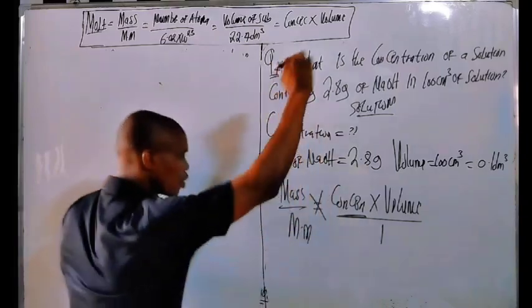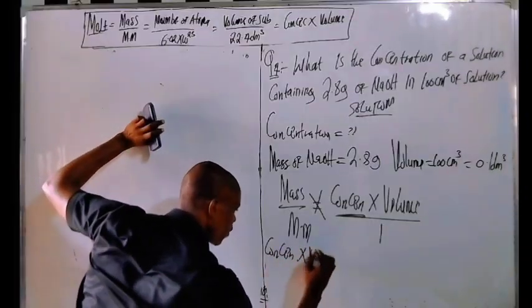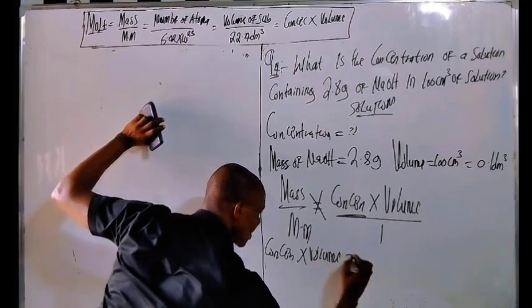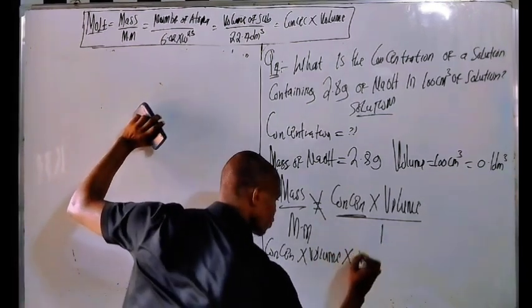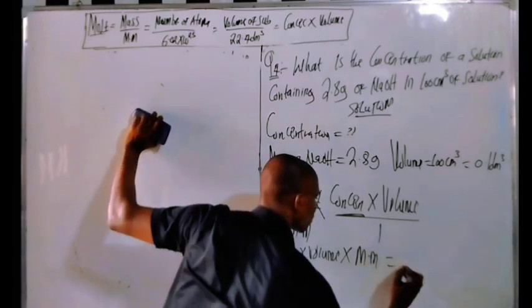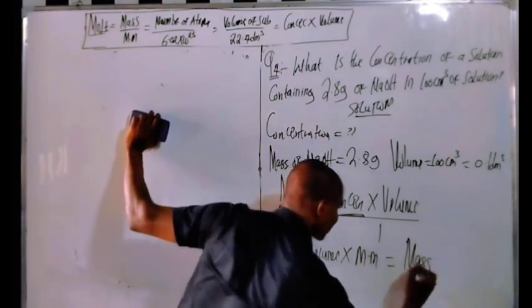Cross multiply: concentration times volume times molar mass equals mass.